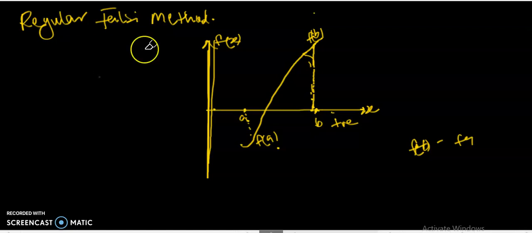Consider the straight line equation. For the equation of a straight line, we simply have y2 minus y1 divided by, if you look at this position, from f of a up to f of b. So you can sketch it. Let me take a different color.